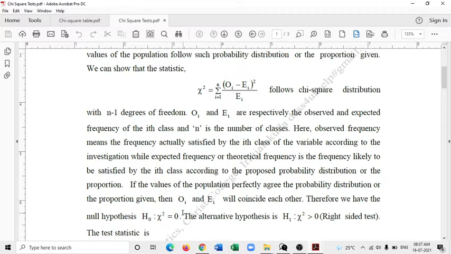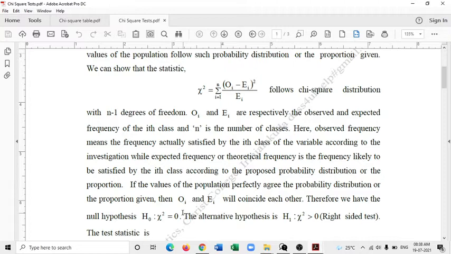Also note that the value of chi-square is equal to 0 in H0. But since chi-square is always a positive valued random variable, a left-sided test is not valid here. That is, no H1: chi-square less than 0 or H1: chi-square not equal to 0. Therefore, the test for goodness of fit is always a right-sided test.